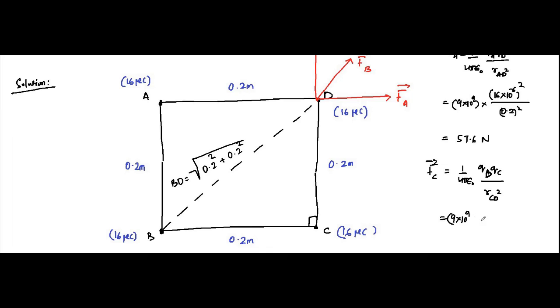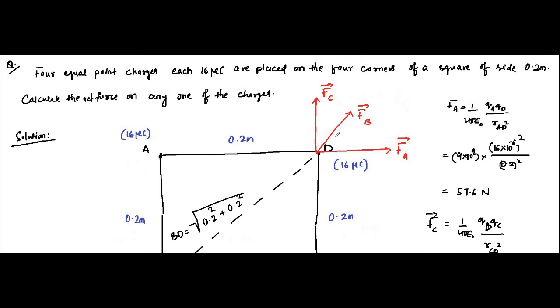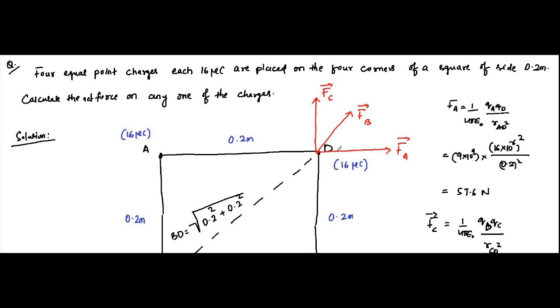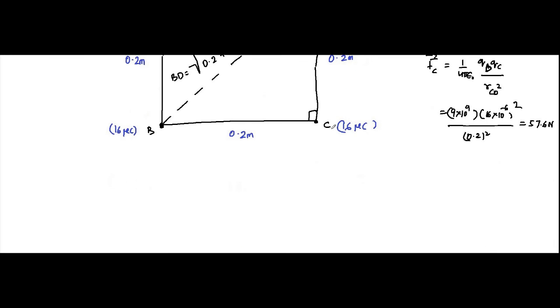QD and QC are equal, 16 into 10 to the power minus 6 whole square. RCD is 0.2 whole square. Everything is the same, 57.6 Newton. FA and FC are the same in magnitude, but they act along different directions. FA is acting along the horizontal direction towards the positive x-axis. FC is acting in the vertical direction towards the positive y-axis.